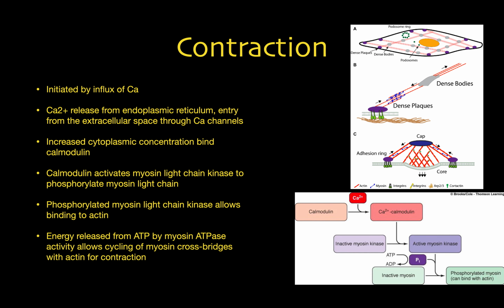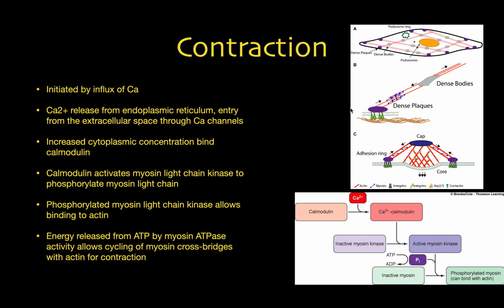So contraction is initiated by an influx of calcium. Calcium will release from the endoplasmic reticulum, and enter from the extracellular space through the calcium channels. And then the increased cytoplasmic concentration of calcium binds to calmodulin.